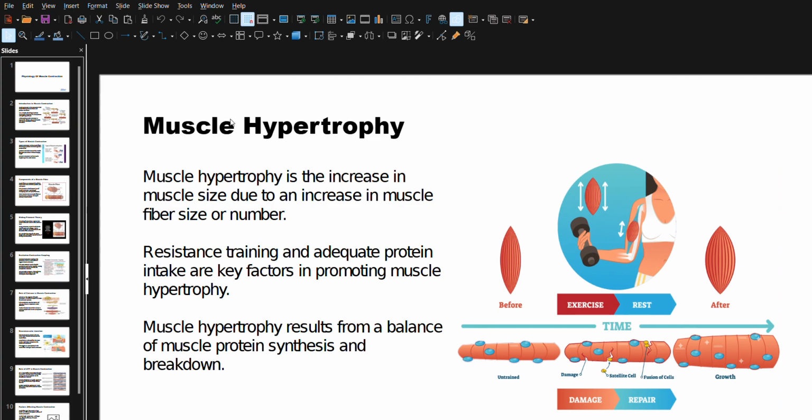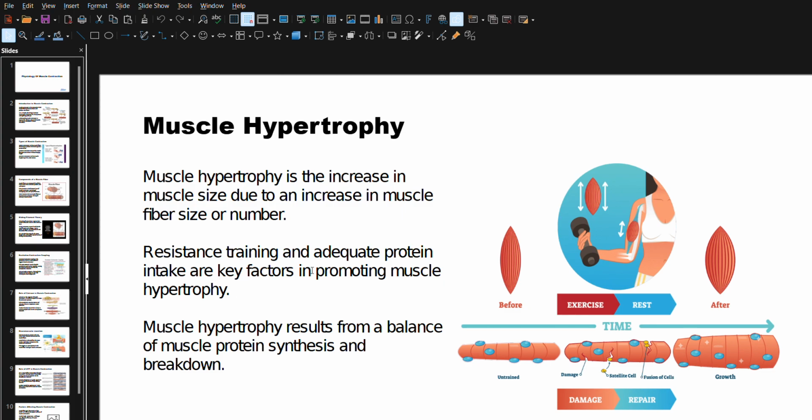Next, what is muscle hypertrophy? Muscle hypertrophy is the increase in muscle size due to an increase in muscle fiber size or number. Resistance training and adequate protein intake are key factors in promoting muscle hypertrophy.